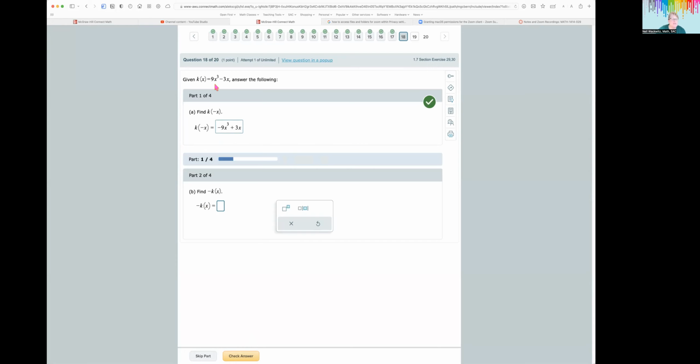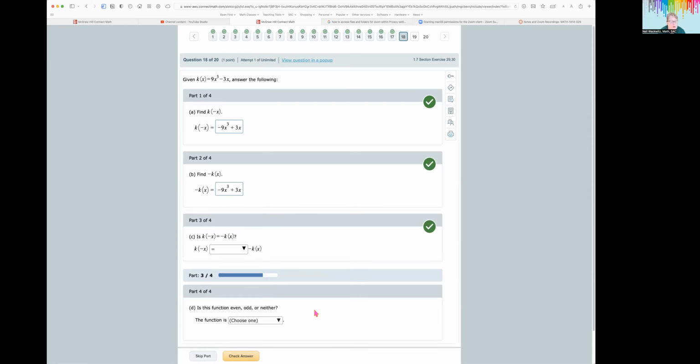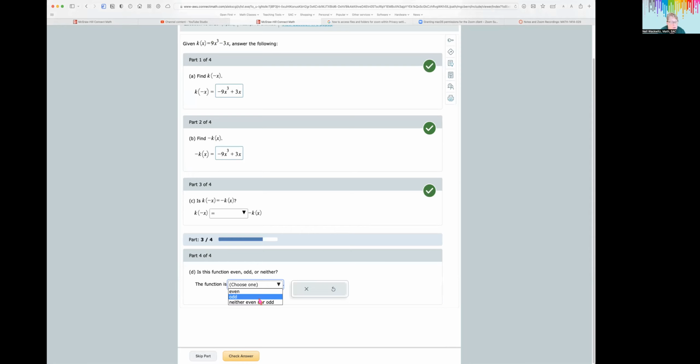So k of x is 9x cubed minus 3x. Negative means I'm going to change both sides. So I have negative 9x cubed plus 3x. And since those two match, they are equal, then we know that the function is odd, which means that it is symmetric with respect to the origin.